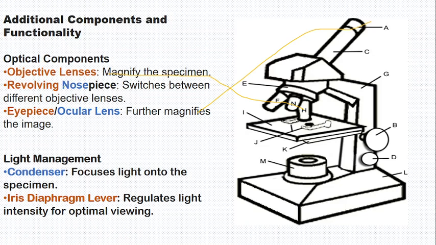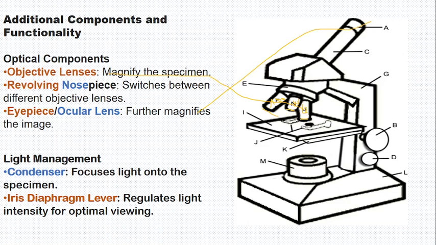Now the revolving nosepiece. Remember, a nose is just to remove the mucus, but here this nosepiece is just to switch or move between the different objective lenses. Remember, you have three objective lenses, and they are not all the same. Maybe this one is 100 for magnification, this one is 40, and this one is 10.